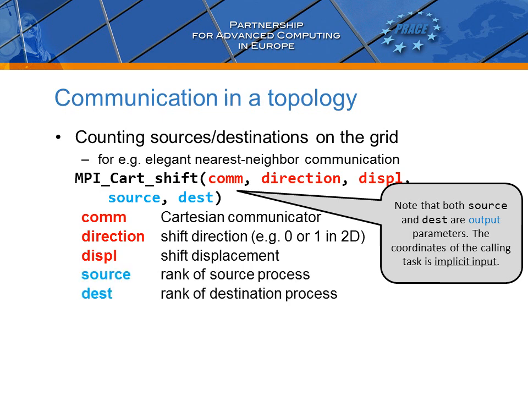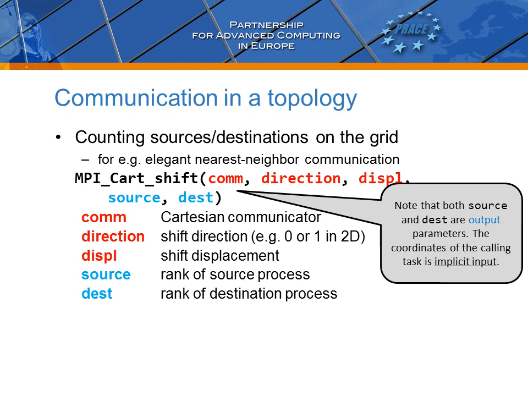We will need to specify which axis we are operating on. 0, for example, refers to the y-axis and 1 to the x-axis in the 2-dimensional grid, as well as how many neighbors away. A displacement argument equal to 1 means the rank next to the calling rank, but it can also be greater than 1. The calling rank is an implicit input to the routine.